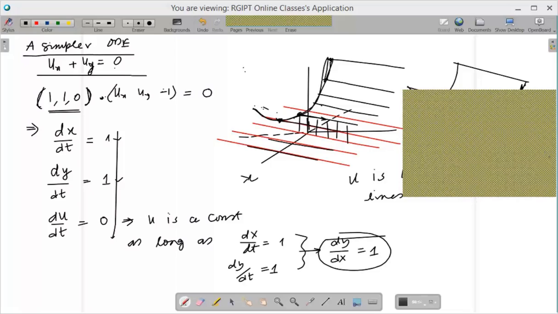Amit, you said x and y, three equations. I don't understand what your question is. Which equations are you talking about? You said there are three equations.